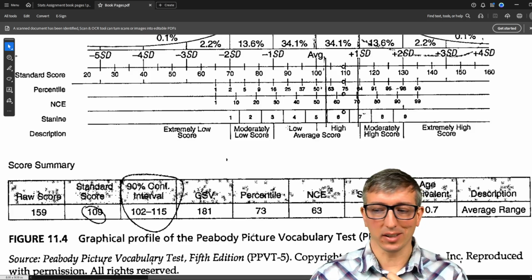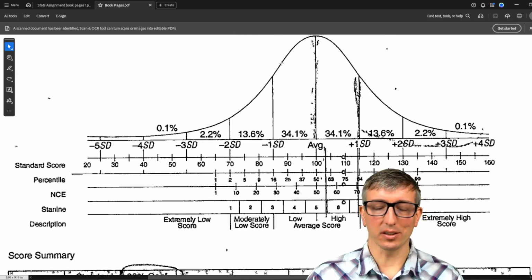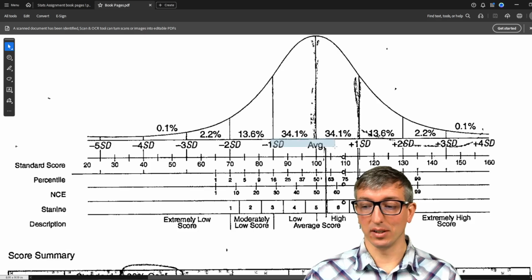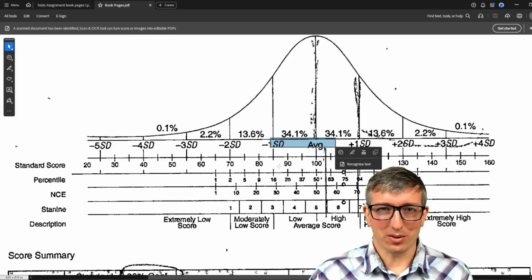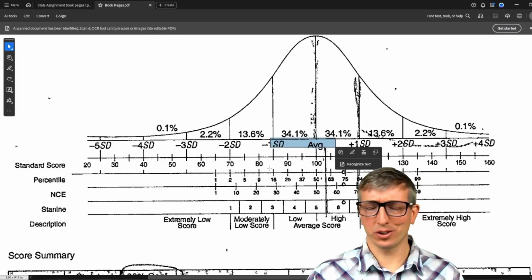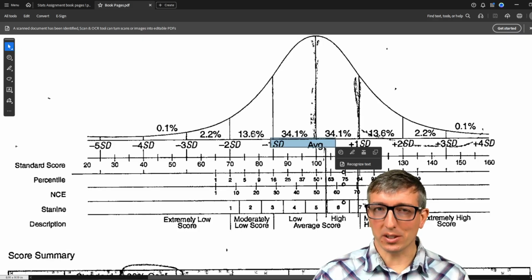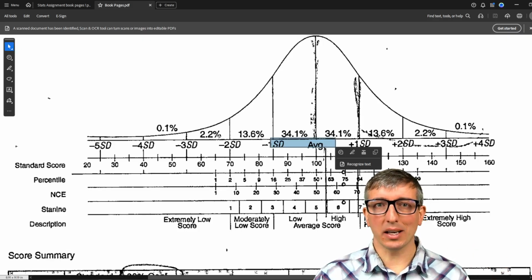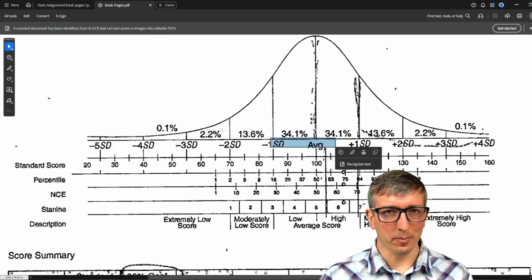And you look at this and you're like, no, it's not that low at all. He's right in average here, within one standard deviation of the average. So that's not a bad score. Can he work at doing things a little bit more, like reading better or doing math better? Sure, but it's not a score that needs intervention. This is where we start getting into clinical decision making of, should we worry about this? Should we not worry about this? Okay.